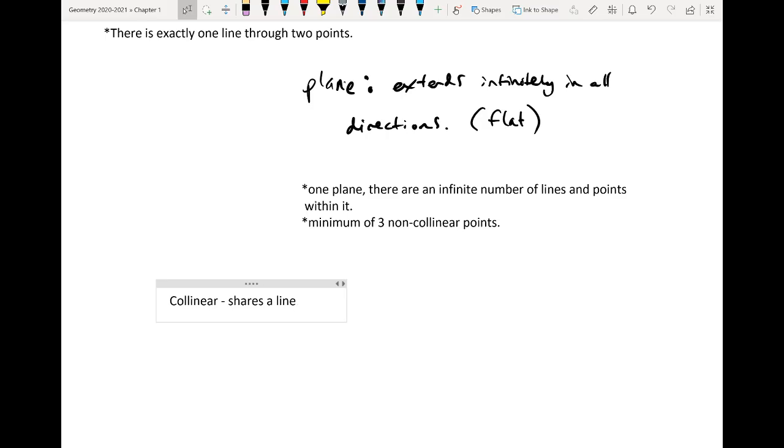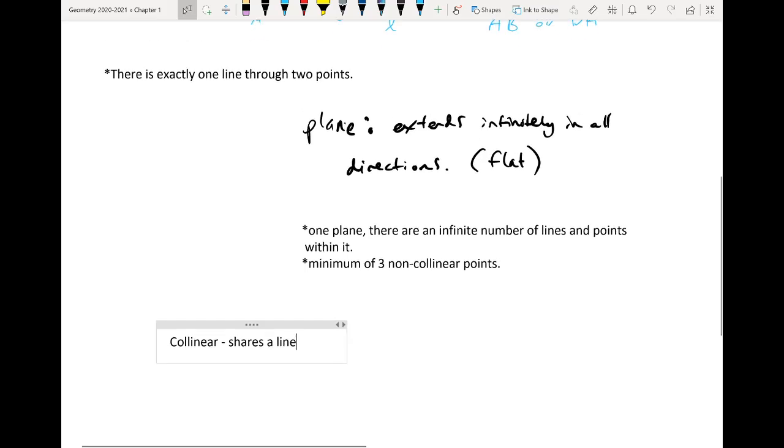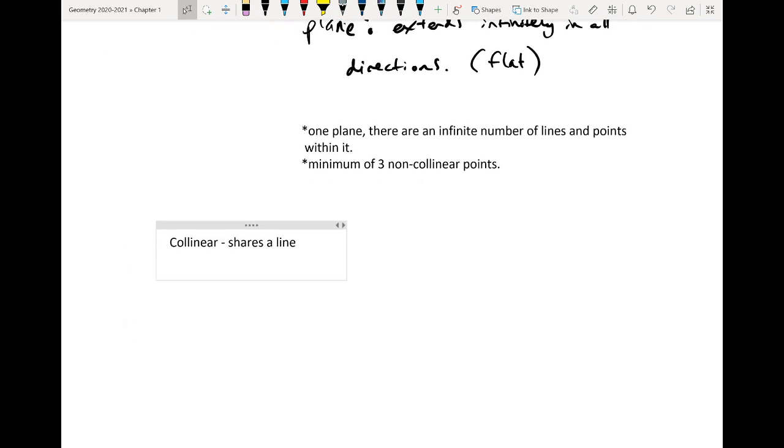So the 3 non-collinear points, I want you to think about in a plane putting 3 points, 3 dots there on your paper, right? But make sure that they're not in the same line. Because in a line, you can extend an infinite number, right? You could just think about a pencil. How many sheets of paper could you cut that with? And it's an infinite number. So collinear means shares a line, and we have coplanar, which means it shares a plane.